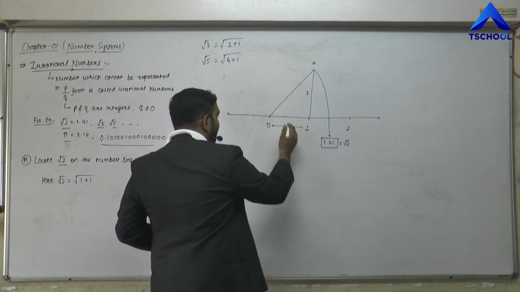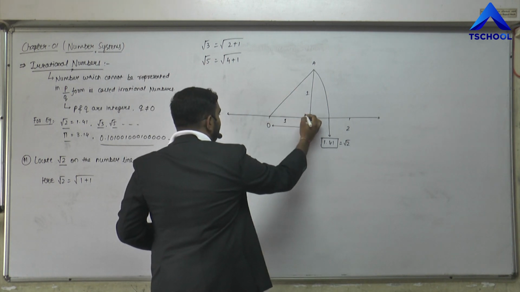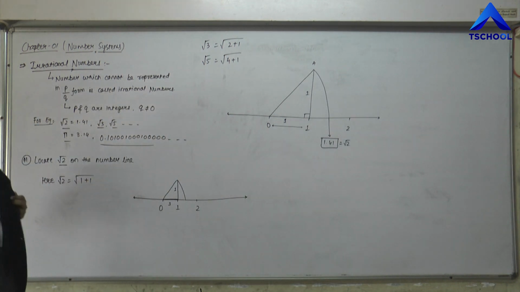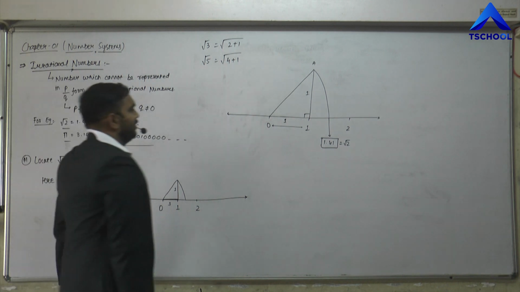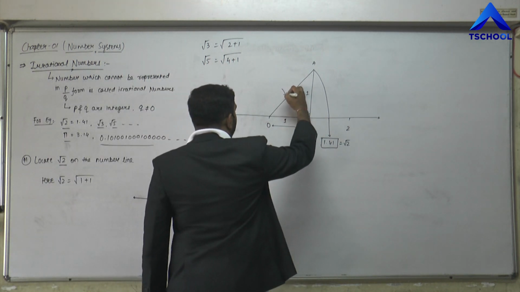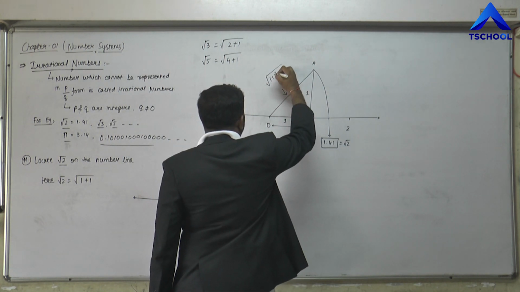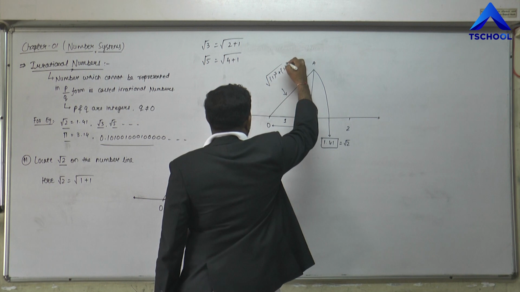Why? If this is a vertical line, then this will be a right angle, and the square of the third side, this slanting line, is equal to the sum of the squares of the other two sides.